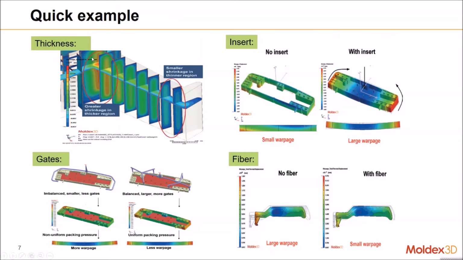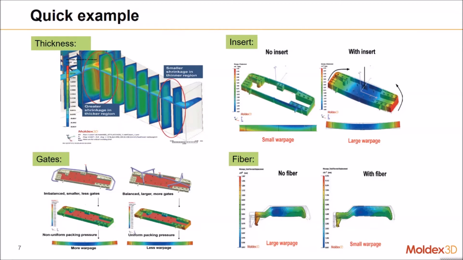So the thicker section has a larger volume shrinkage than the thinner region. Because heat accumulates more easily in the thicker region, it is more difficult for cooling to reach the middle area. So we can see the thicker region has a higher volume shrinkage because the heat is difficult to dissipate. Therefore, a well-considered part thickness is an important point to prevent product warpage.